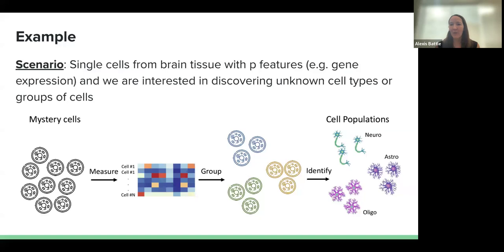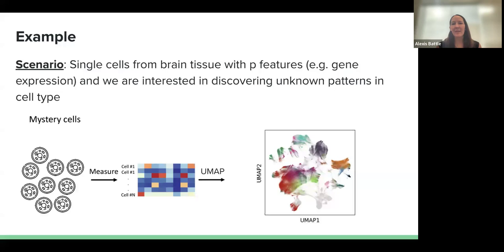There's not only neurons and glial cells, but there's many subtypes of neurons. We may not even know how many subtypes we're looking for. So we begin with a set of gene expression from what I'm calling mystery cells. We just have a bunch of cells and their gene expression. Our goal here is, in an unsupervised way, to group those cells together into clusters. And in this case, we may ultimately get out clusters that are biologically meaningful, such as different neural and glial subclasses.